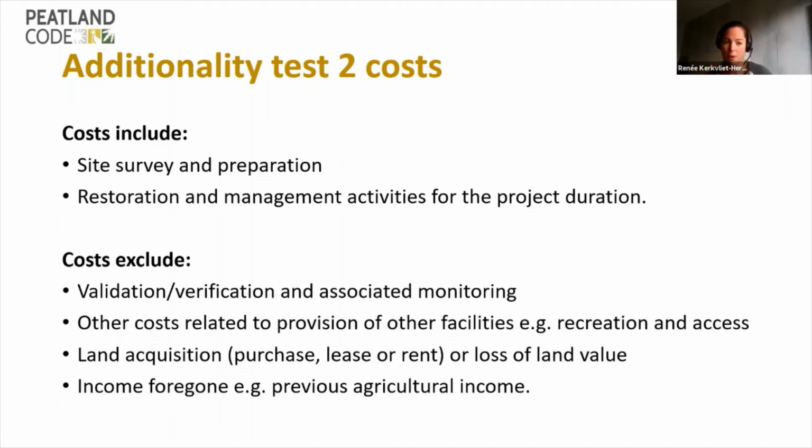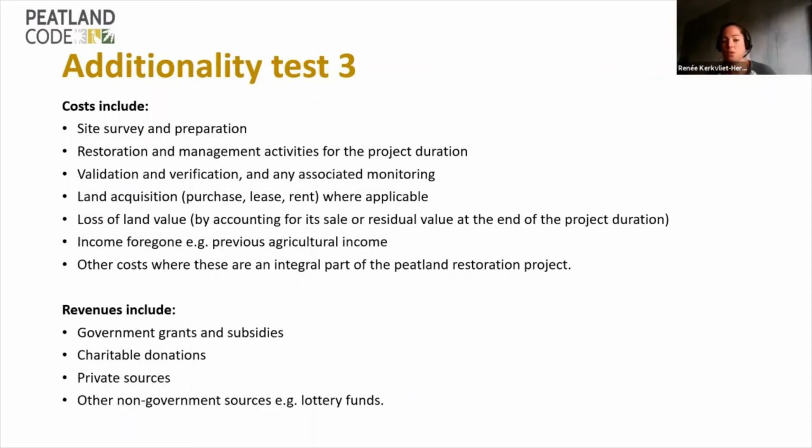When you look at that, it shows you where to fill in what. On test 3, so that's the one that was talking about that without the carbon finance, it would not be the most economically viable, attractive or viable at all. So there's a few more costs that can be included in this one.